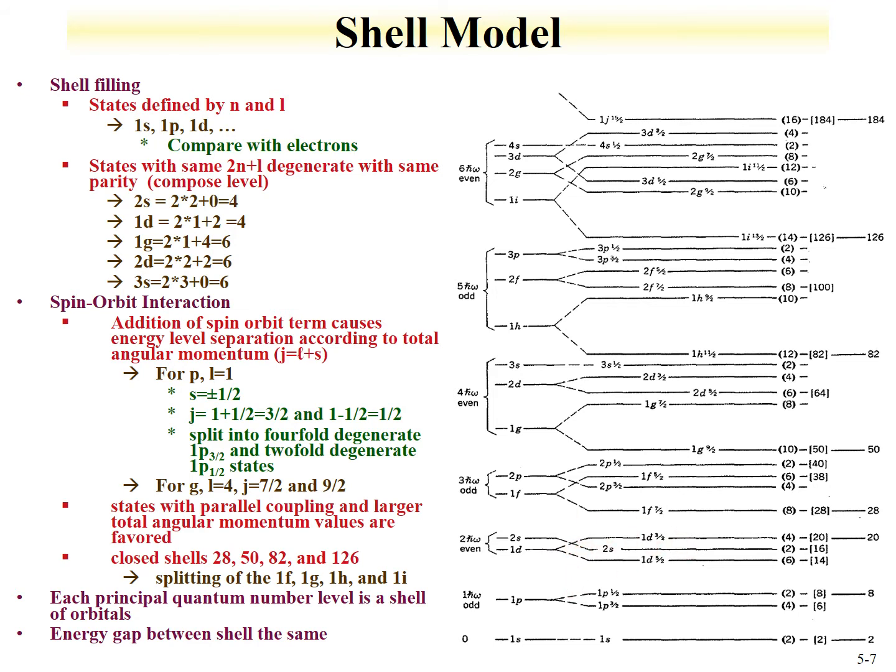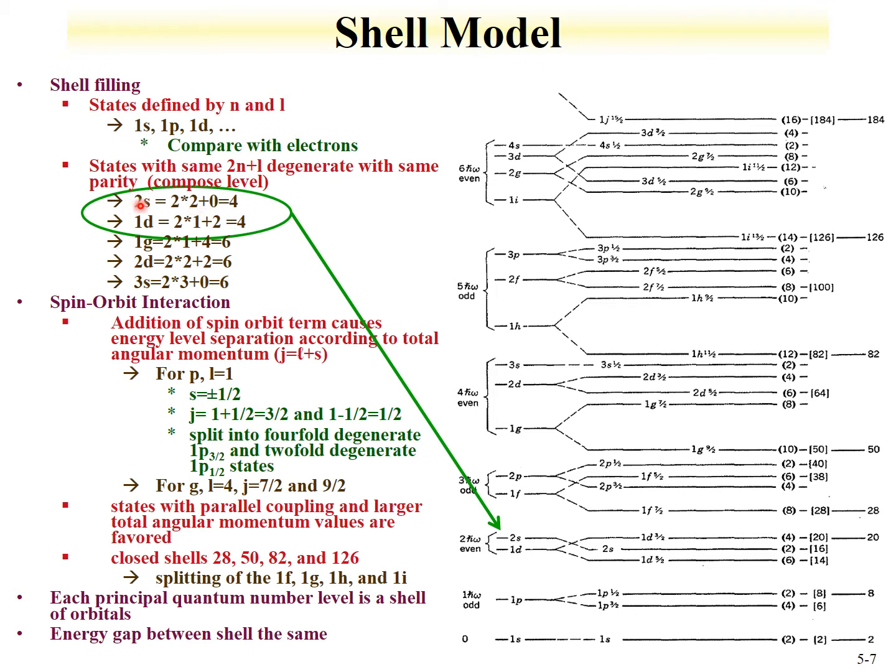Degenerate states: if I take 2 times n plus l, those with the same numbers, so n and l, for 1s the n would be 1, the l would be 0. Those states with the same 2n plus l are going to be degenerate, and they'll be grouped together. As an example, if we look at this state here, which is composed of the 2s and 1d state, for 2s, 2 times 2 plus 0 is equal to 4, right?